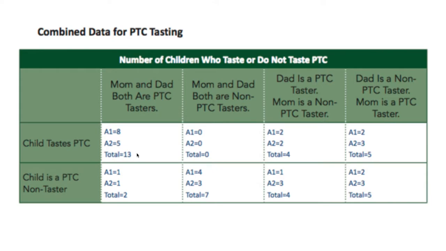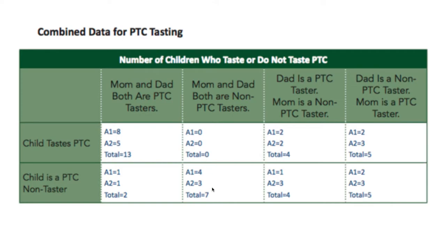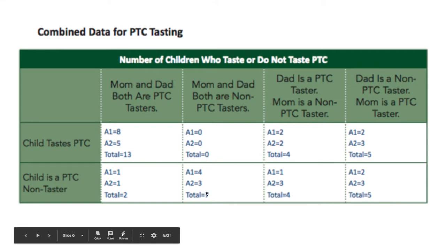So here you see we have mom and dad are both PTC tasters. 13 of their children were also PTC tasters, and 2 of them were not. When mom and dad are non-PTC tasters, 0 children were PTC tasters and 7 were not.